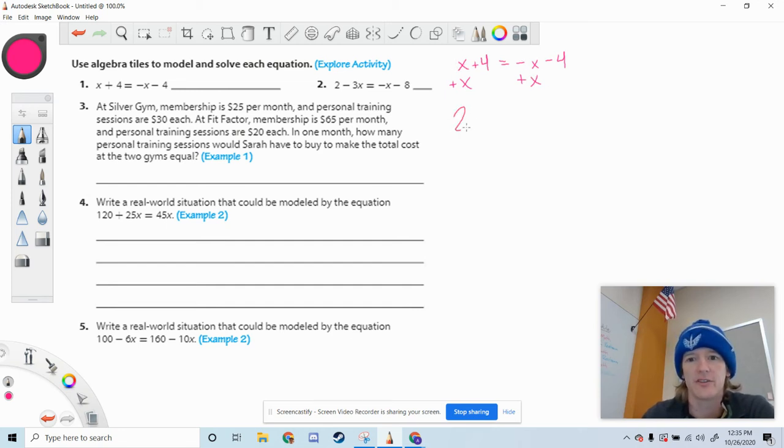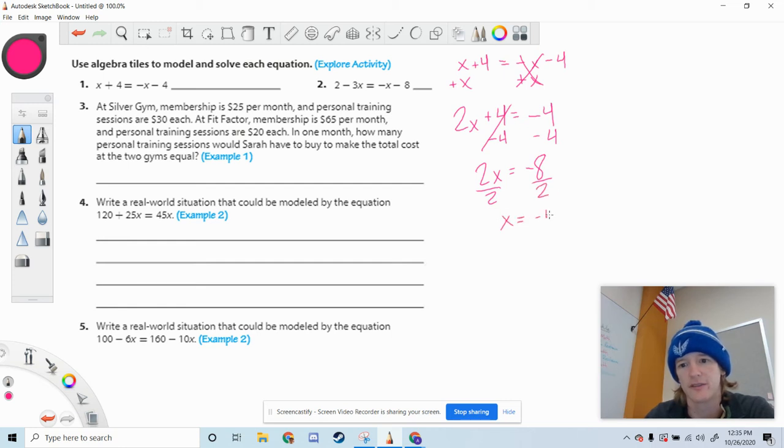But now I'm going to have 2x, because x plus x is 2x, plus 4 equals, those canceled off, negative 4. Now I've got to get rid of this plus 4 before I divide. So minus 4, 2x equals negative 8, divided by 2, x equals negative 4. Because that was 2 times x, I do the inverse operation to get rid of that 2. So I get x equals negative 4.